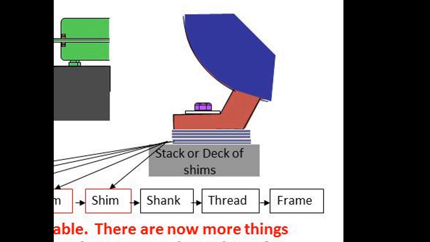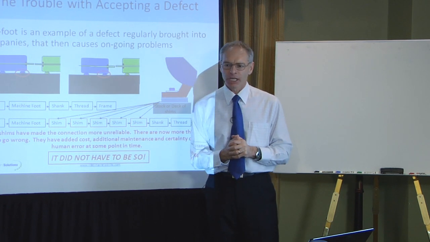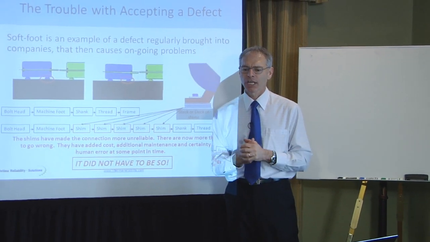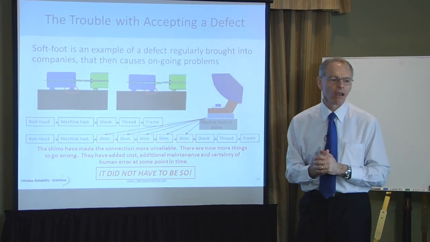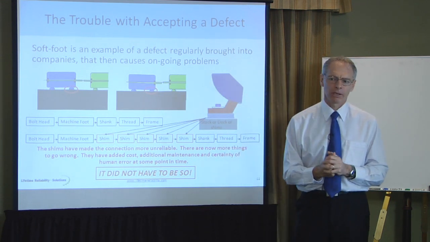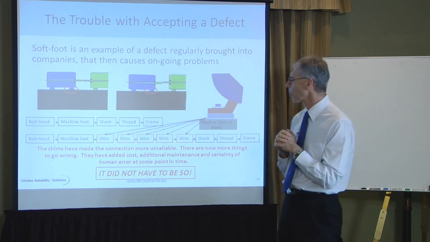How many is acceptable? In this particular presentation, we discussed that, and the group began to talk about what they do in their companies. The perfect solution, if you're going to have a shim, then 1 shim is perfect. That's the best we can achieve if we're going to have a shim. But that means you have to get a perfectly sized shim, which is very unlikely in most general situations. So now 2 becomes a possibility because with 2 I can play with the size of the shims that I can use.